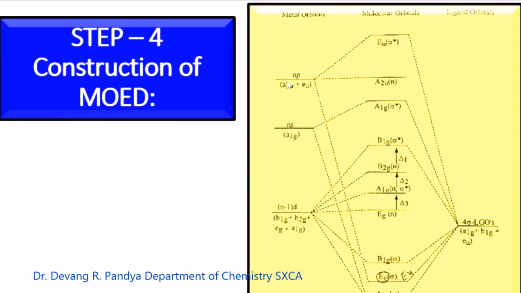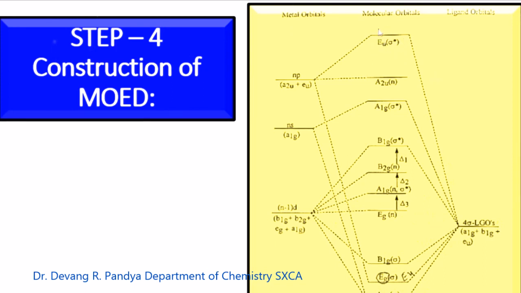As there is no ligand on the z axis, pz, which is symbolized by the symmetry symbol A2U, acts as non-bonding. Pz is not going to participate in any overlapping since it does not have any ligands on it. So the pz orbital is shown over here as A2U, non-bonding, and px and py, which have EU symmetry, doubly degenerate, are anti-bonding and highest in energy.